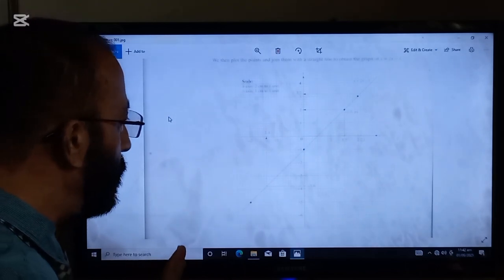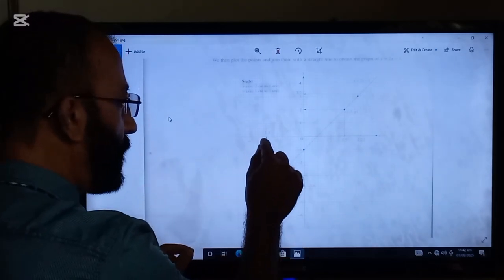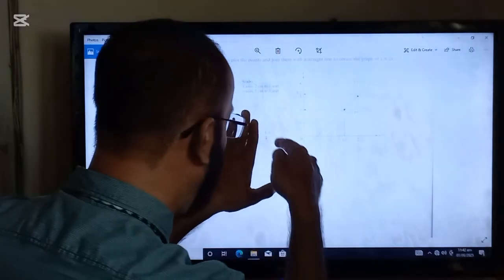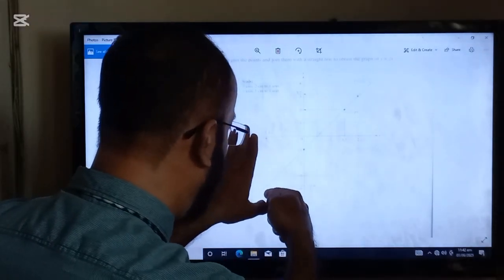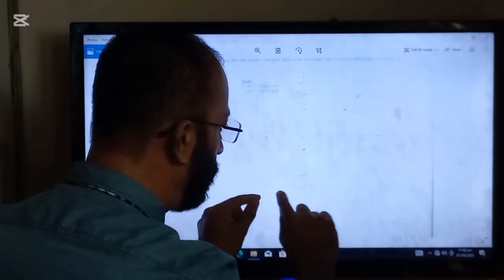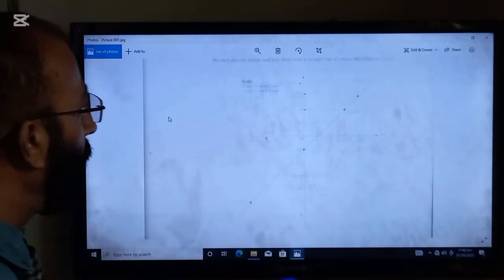The simple way to do this is first find the point that is minus 1.4, plot it. With the help of the scale, draw a straight line joining the graph, and from there draw a line to the y-axis. That will be the corresponding value.